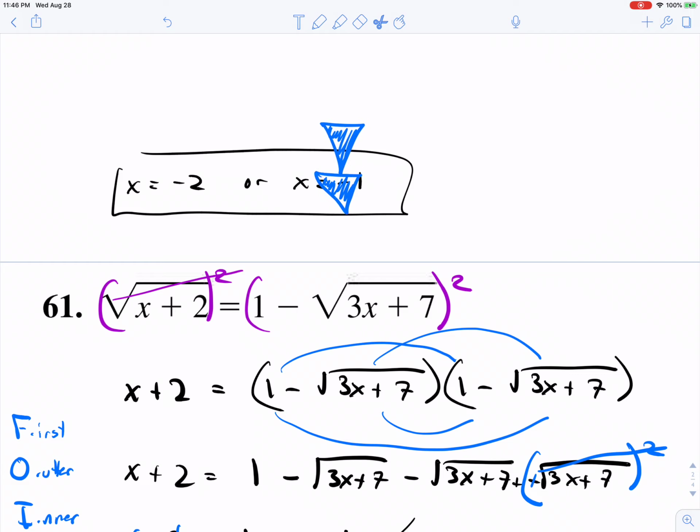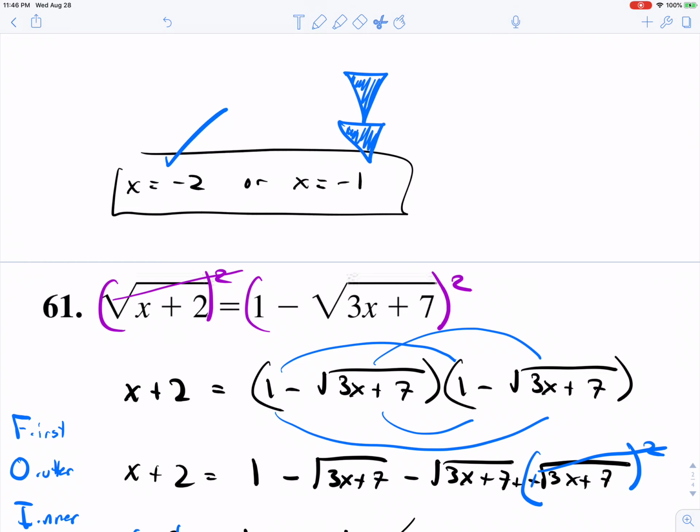Now when x is -2, -2 plus 2 is 0, square root of 0 is 0. So on the left we'll get 0. 3 times -2 is -6, plus 7 is 1, square root of 1 is 1, 1 minus 1 is 0. So the -2 checks out.